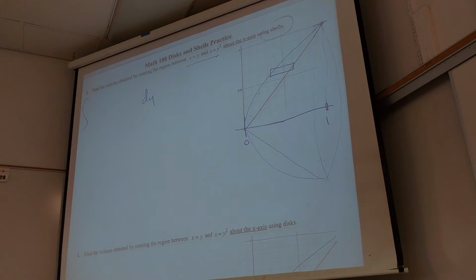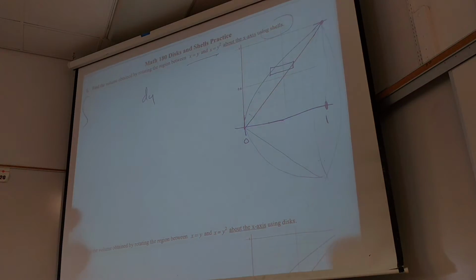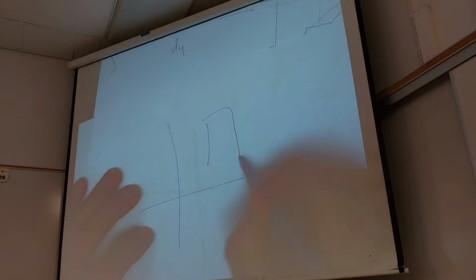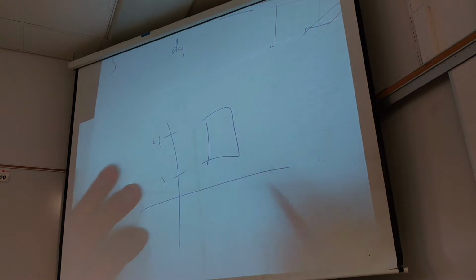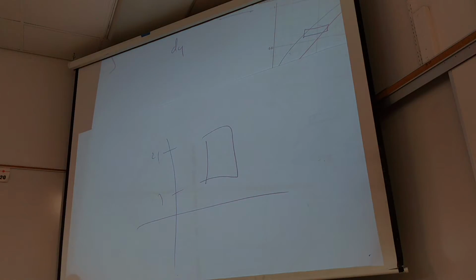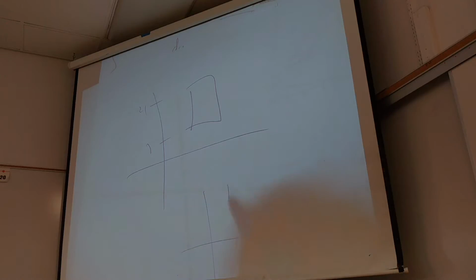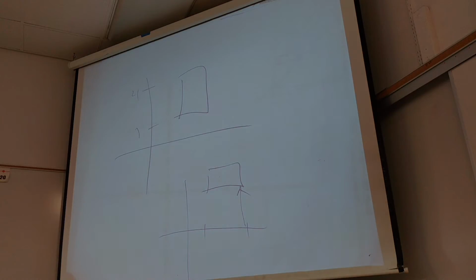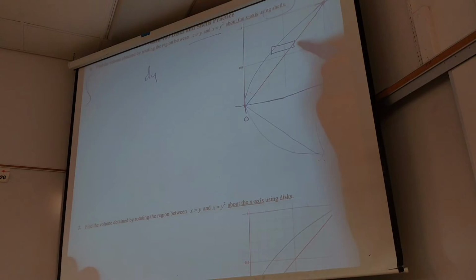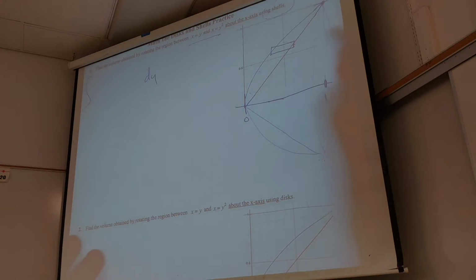Why would you say that, where's the top of this? The top is 4, because that's where y is bigger. So if I have one opening this way, where's the top? Where x is bigger. That's all. So where's the top here? Over here. And what's that defined by? x equals y.